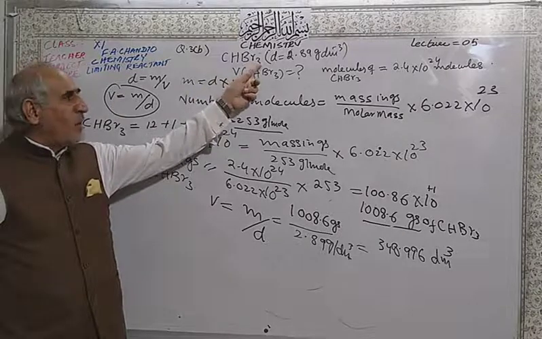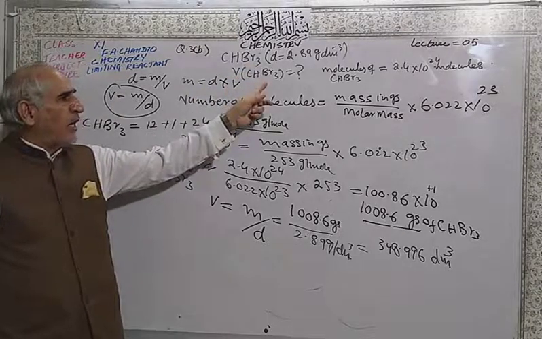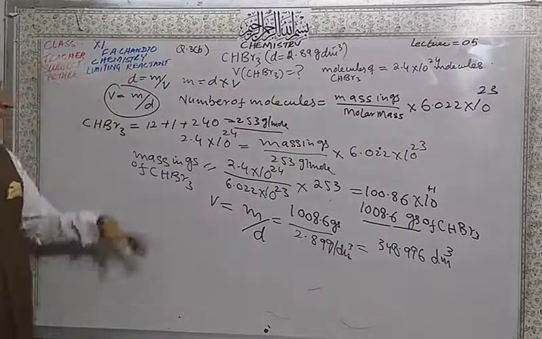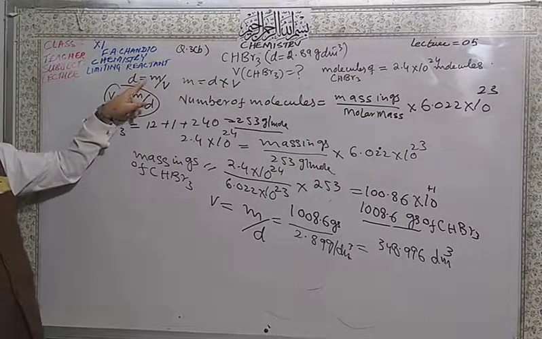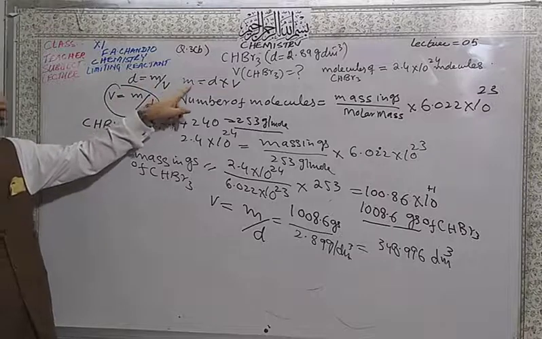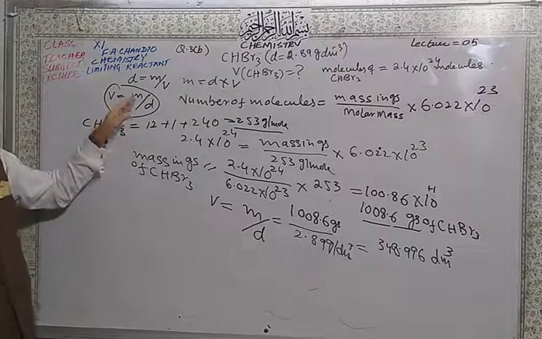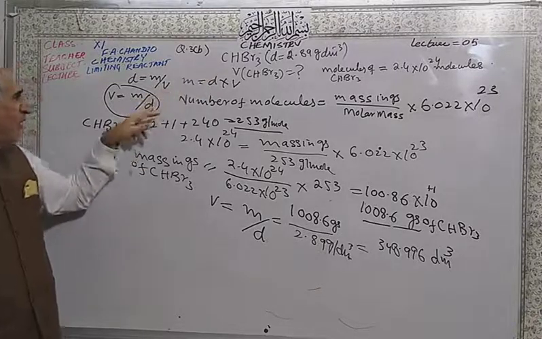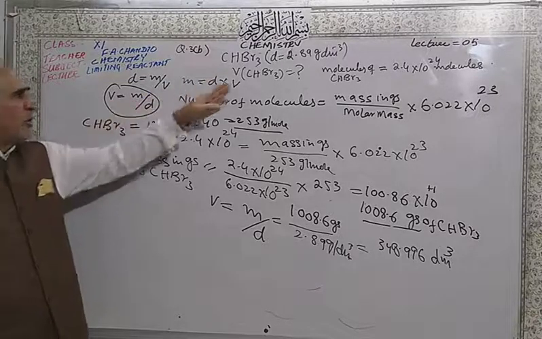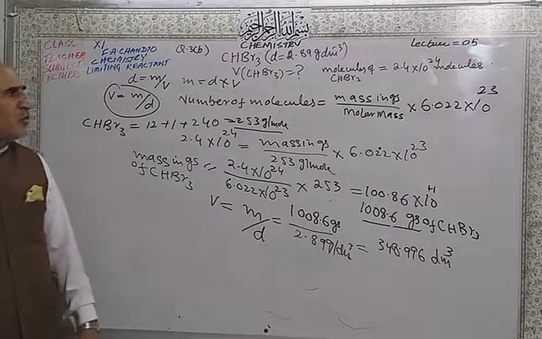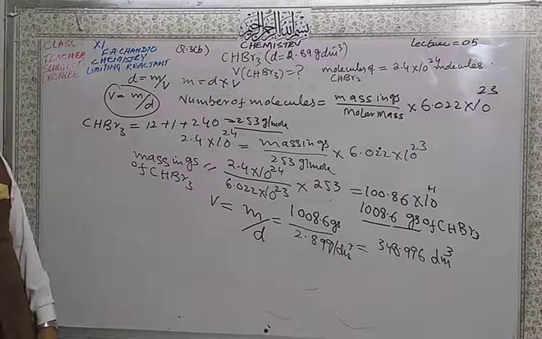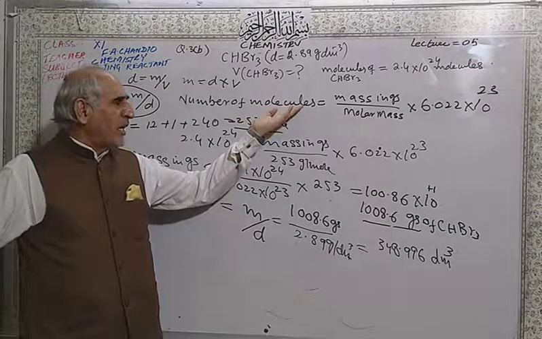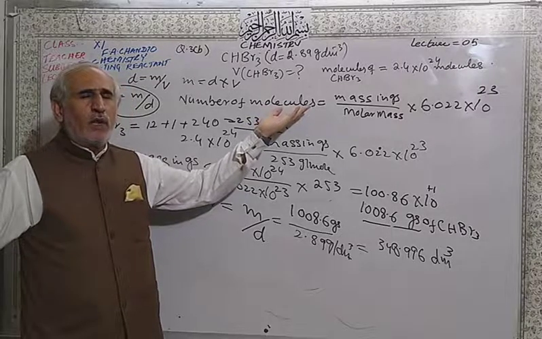The density of this compound is given. Volume is to be found. Molecules are given. I told you density is mass per unit volume. The mass formula is D into V, and volume will be M over D. Density is given, mass is not given. Volume is going to be calculated using this formula. So dear students, if the molecules are given, I apply the formula.